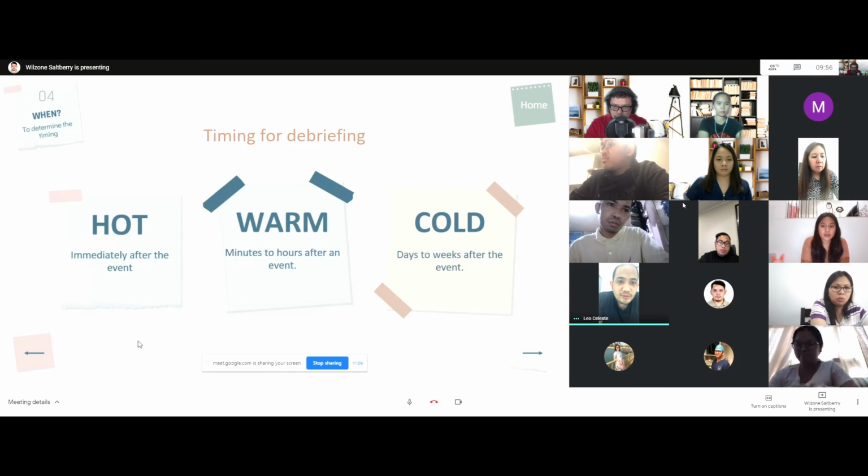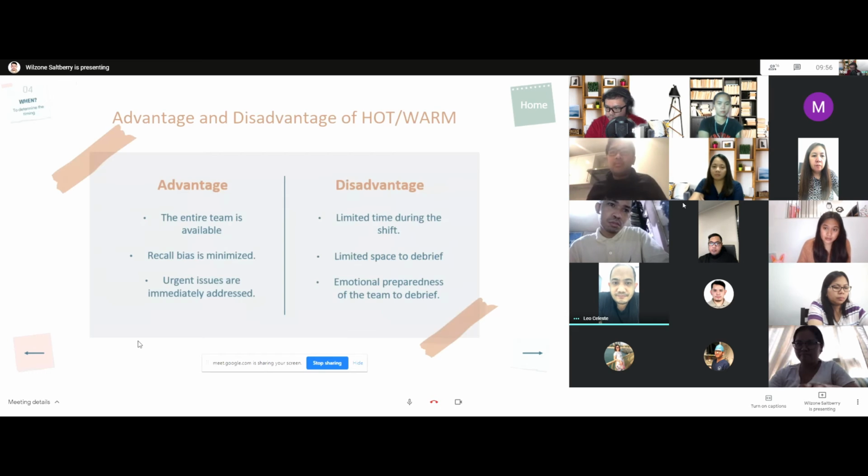So, when will we do the debriefing? The timing for the debriefing is classified into 3. Hot, which is immediately after the event. The next one is warm, minutes to hours after an event. And last is cold, which is done days to weeks after the event.